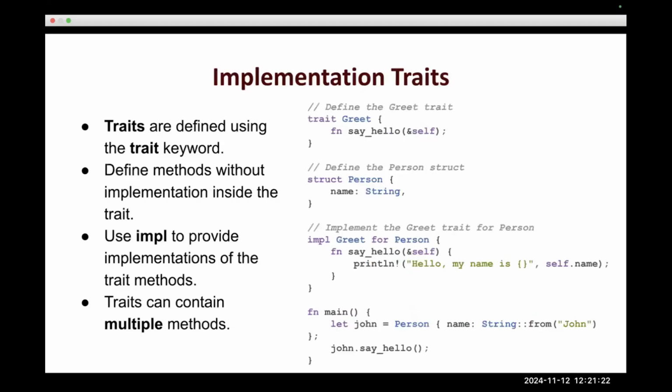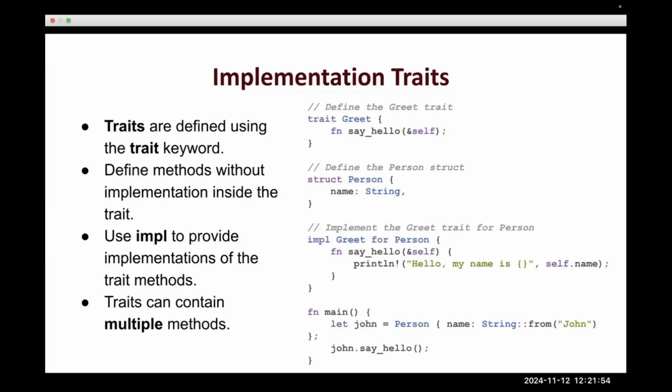Traits are defined using the trait keyword. You define the trait, and then you define this function, implementing this particular trait for the particular structure, and the same trait could be recycled and used for different structures.